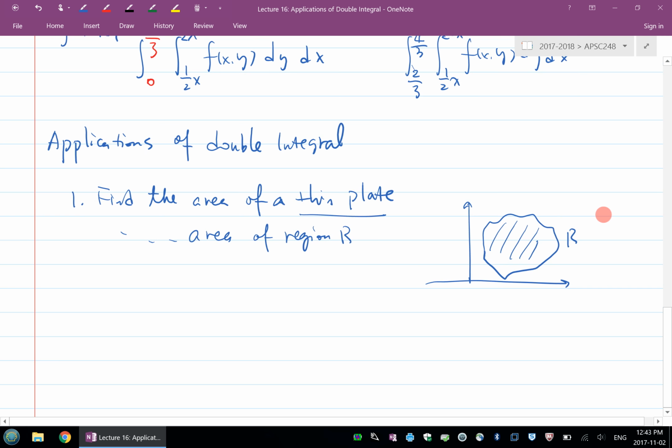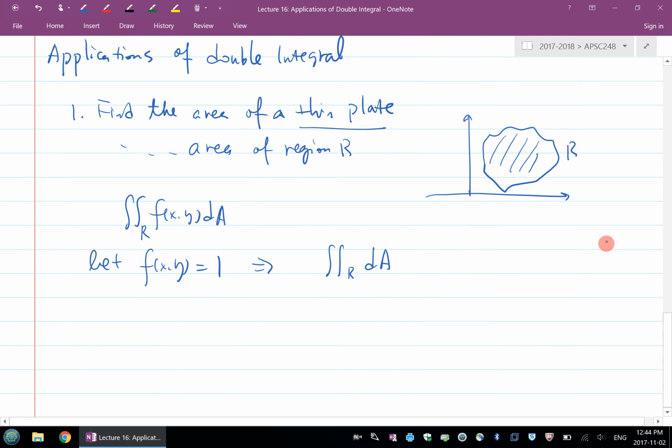This is actually not really new because if I write down the double integral formula, here's the double integral formula. Now, if we let f of x y equal to 1, then this double integral becomes the integral over R of dA.